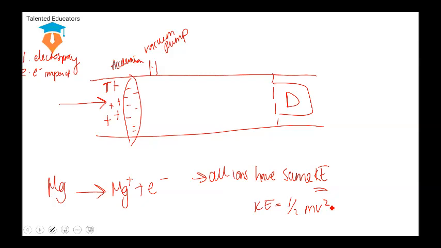Now, because all ions have the same kinetic energy, velocity, which means speed, depends on mass. In other words, the velocity basically depends on mass. It doesn't depend on kinetic energy.